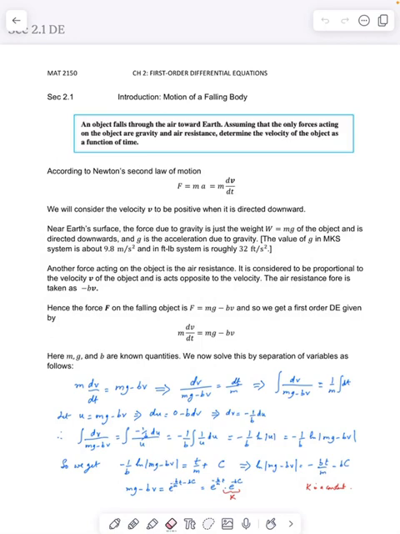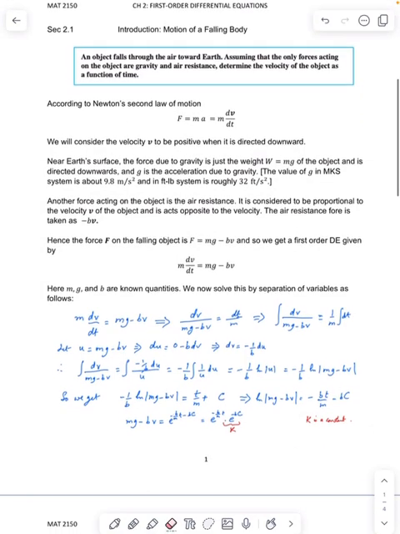Because the resistance is going to act against the other force, which is the weight, because it's going to stop the motion towards the Earth. So we end up having an equation m dv by dt is equal to mg minus bv.